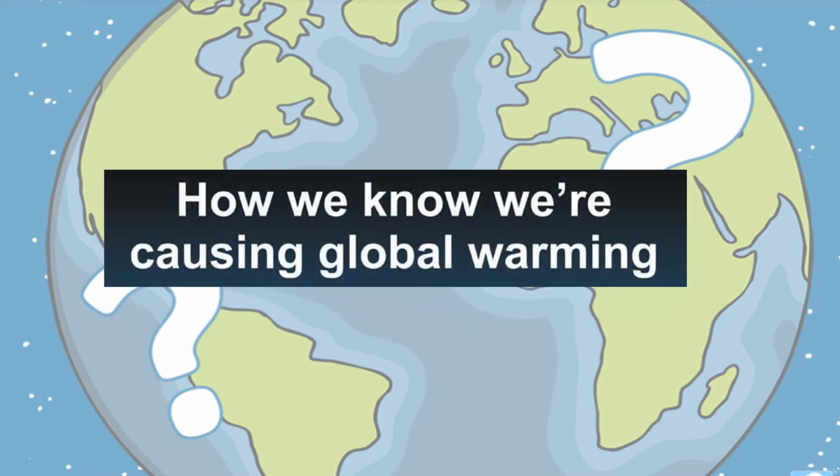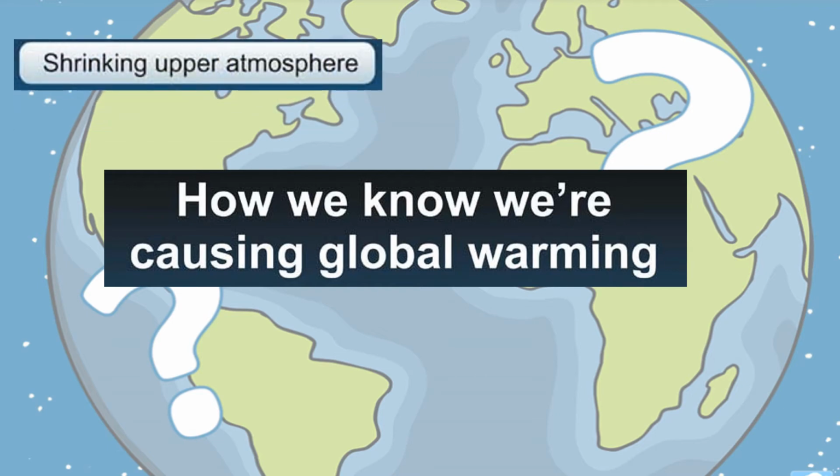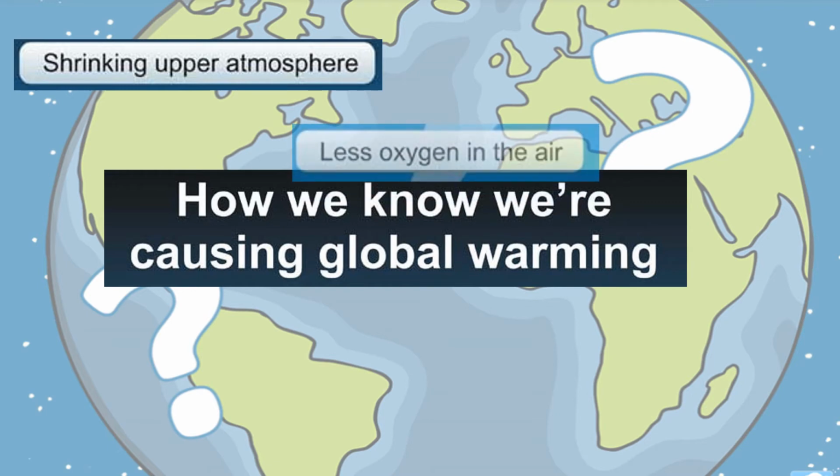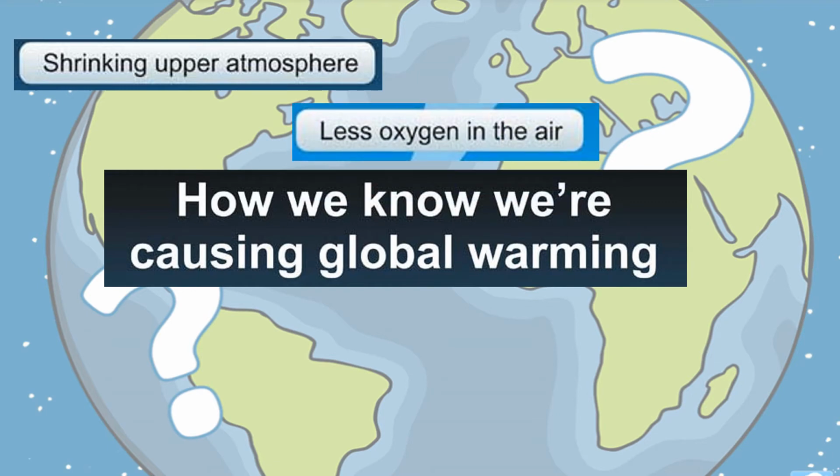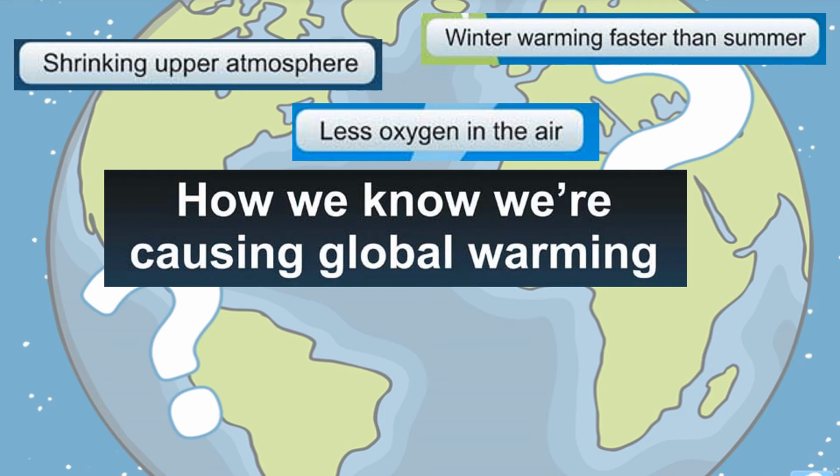Okay, students, now how do we know that we are causing global warming? There are some indicators that tell us that we are causing global warming at a very high rate. Like our upper atmosphere is shrinking, there is less oxygen in the air, and winter is warming faster than summer.